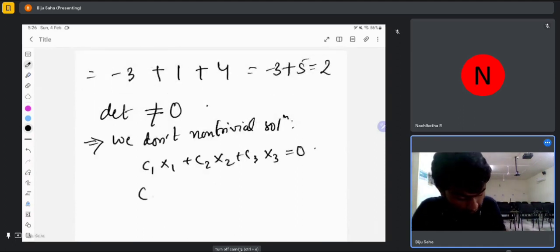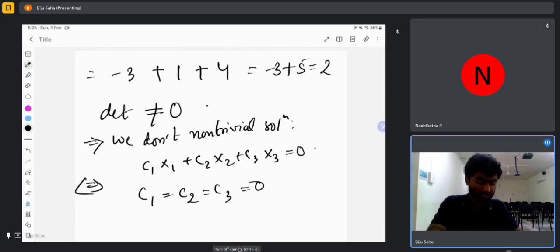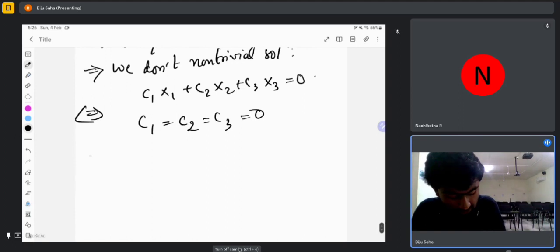So we only have the trivial solution, that is this. If this were to be satisfied, then since the determinant is not equal to 0, we should have C1, C2 and C3 equal to 0. That actually says x1, x2, x3 are linearly independent.